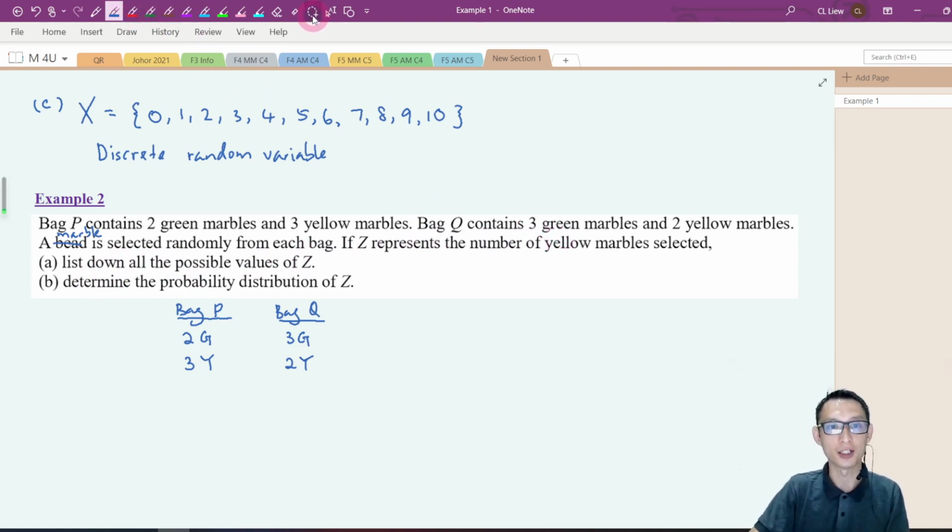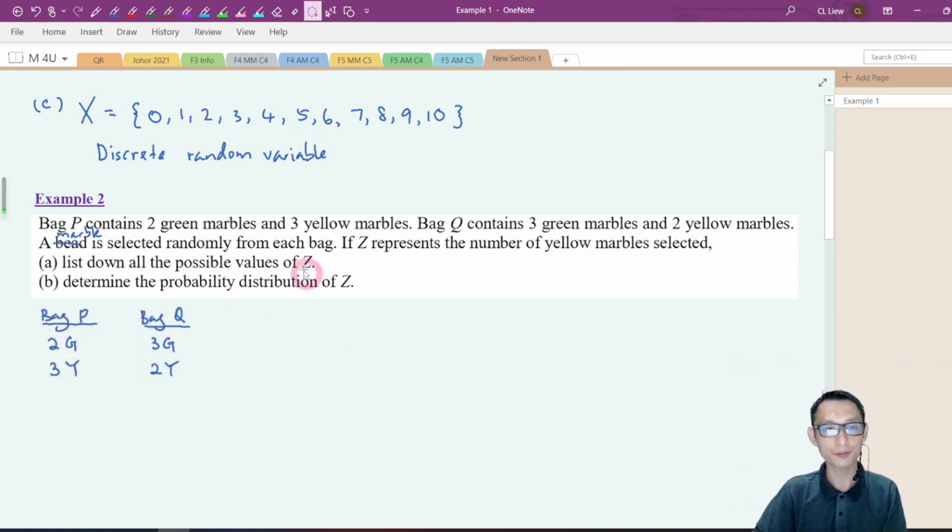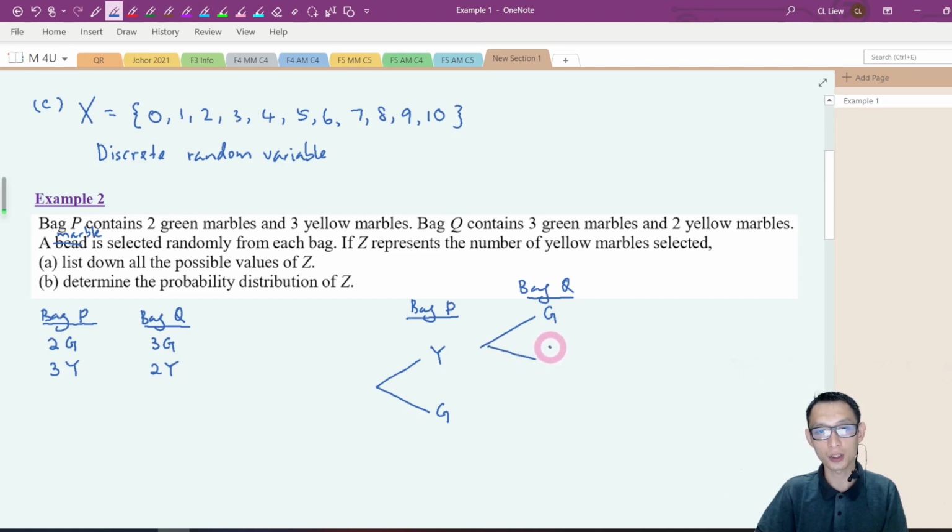Let me draw a tree diagram to help you visualize the situation. Now I have bag P. I only have 2 colors, yellow and green. So how about bag Q? Same thing, green and yellow. Let me write yellow first.